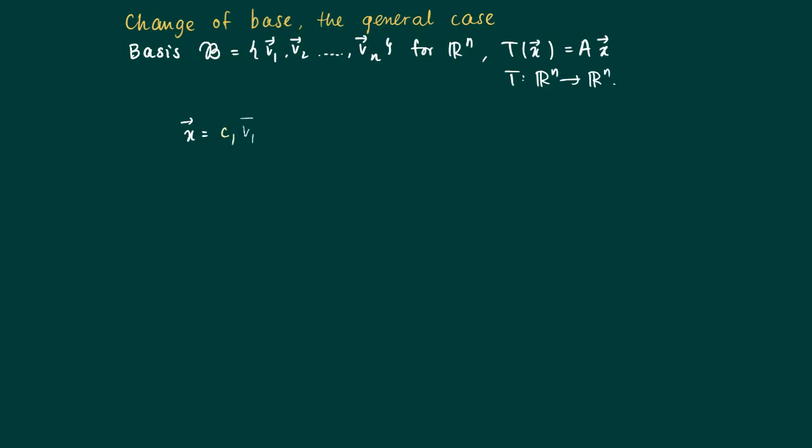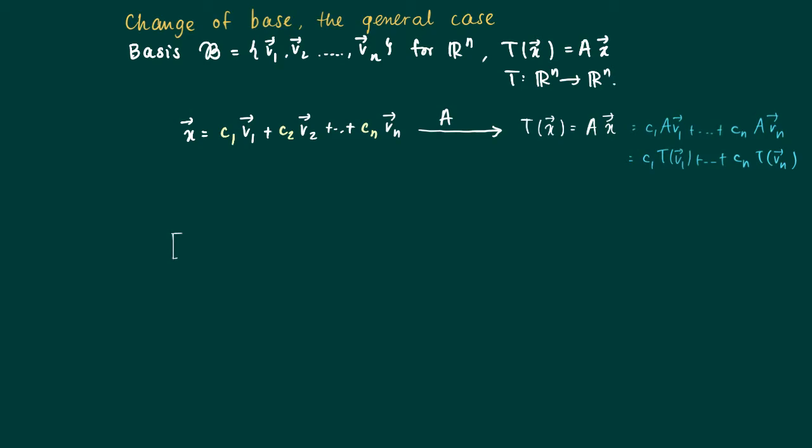Well, starting off with an arbitrary vector in Rn, this vector can be expressed as a unique combination of v1, v2 until vn. c1, c2, and cn are the coordinates of this vector with respect to v1 to vn. Then we know that T(x) is Ax is c1 T(v1) plus etc. cn T(vn).